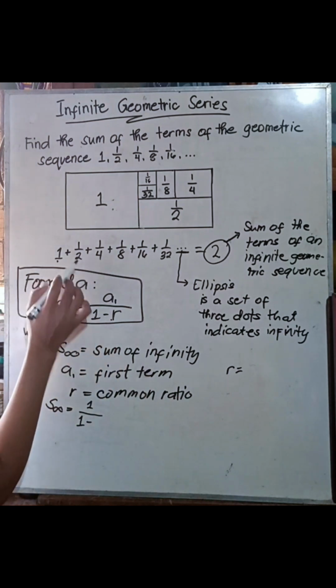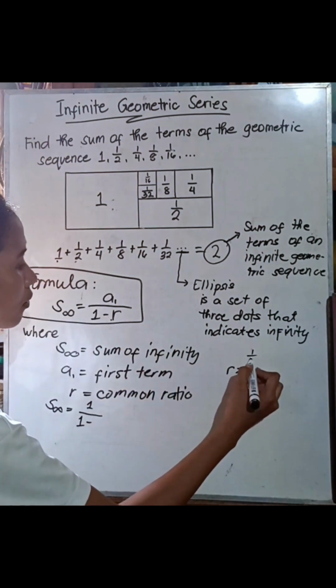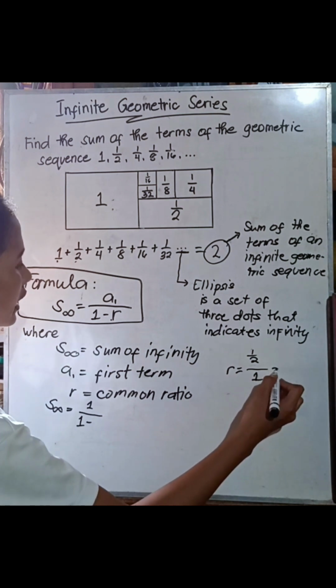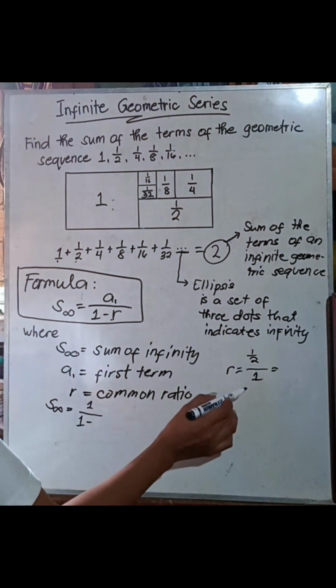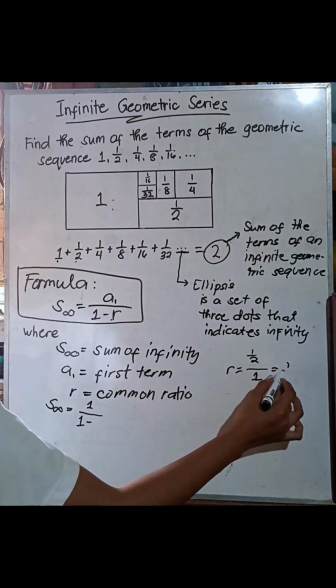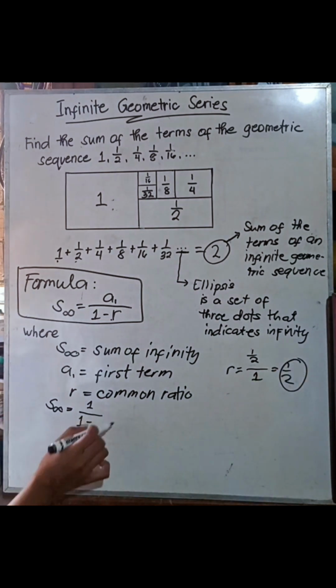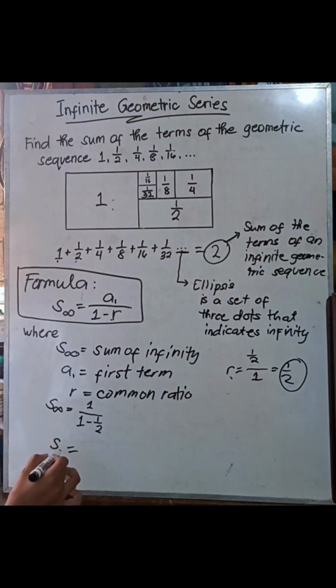So atong a sub 2 is 1 half, over a sub 1 natin is 1. 1 half divided by 1 is equals to 1 half. So, mao ni siya ang atong r. Substitute nato ni r nato diri. So, 1 minus 1 half.